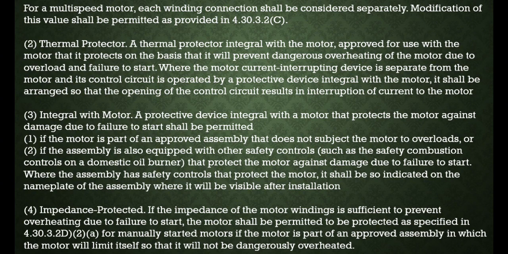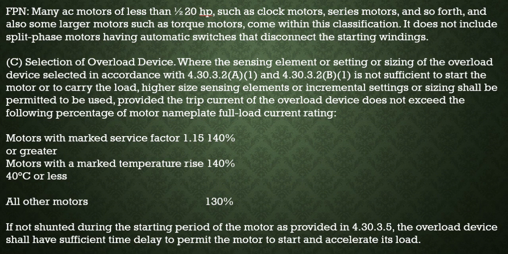Impedance protected motors can be protected as per 4.30.3.2d2a if they are part of an assembly that prevents dangerous overheating. Many AC motors less than 1 to 20 horsepower, such as clock and series motors, fall under this classification.